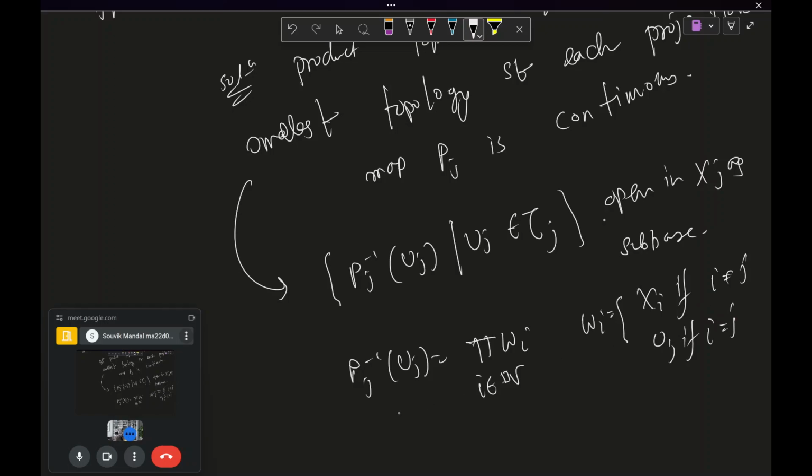So these things are open in X with the box topology. Each of these P_j inverse of U_j is open in the box topology. Since these form the subbasis for the product topology, and each of these is open in the box topology, the whole product topology is contained in the box topology. So let's take the next question.